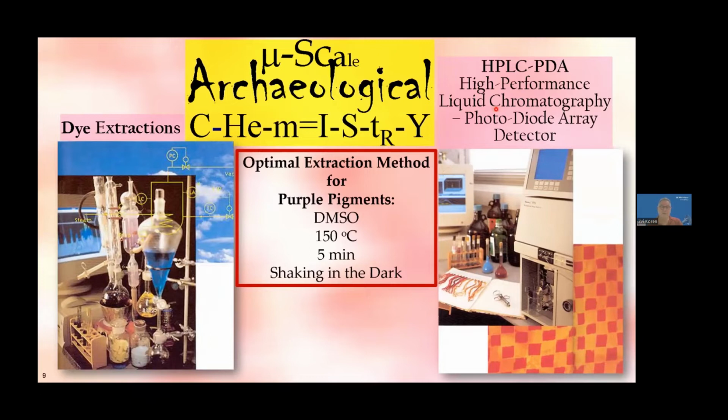It gives you a very nice spectrum in the UV and visible. And this is the workhorse, the main method of dye analyses for ancient pigments and ancient colorants in general.